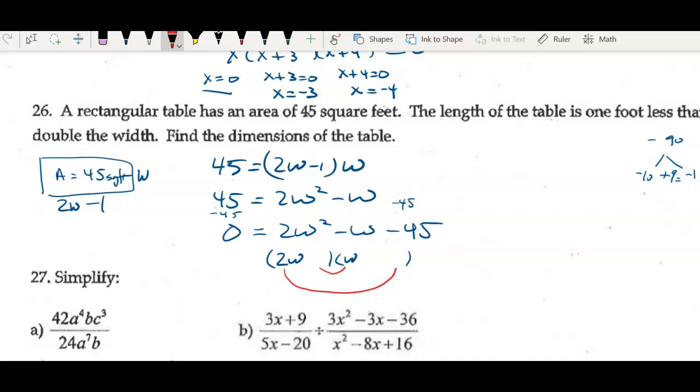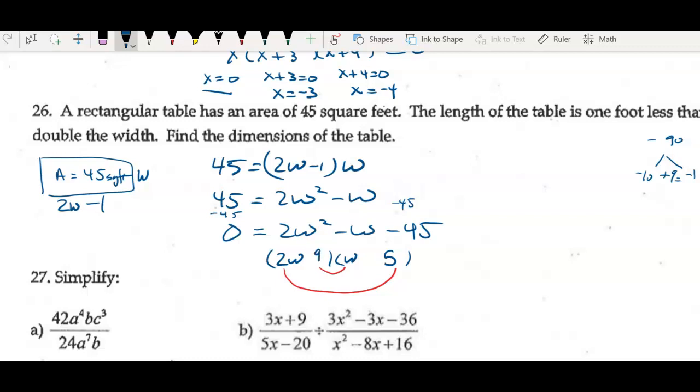So 9 and 5, they're your most common factors. I don't want to do 2 times 9. I don't want to put the 9 here because that's going to give me way too big a number. But what if I put the 5 here and the 9 there?